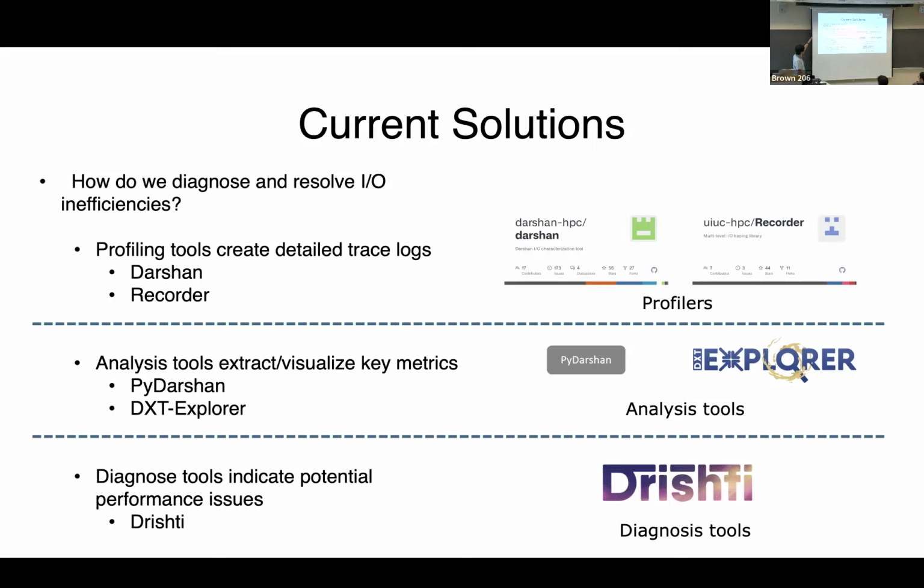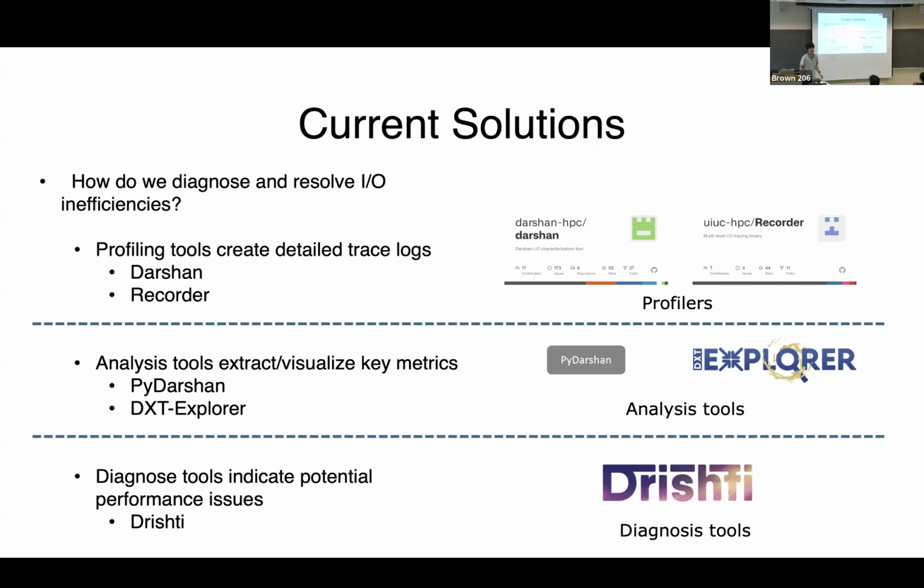First, we try to use some profiling tool. Here we list Darshan and Recorder, which are two open source, very popular ones. While the application is running, we use the profiling tool to profile what is going on from the application, mostly the IO operations. With that, we start using some analysis tools, listed here, called PyDarshan and Explorer.